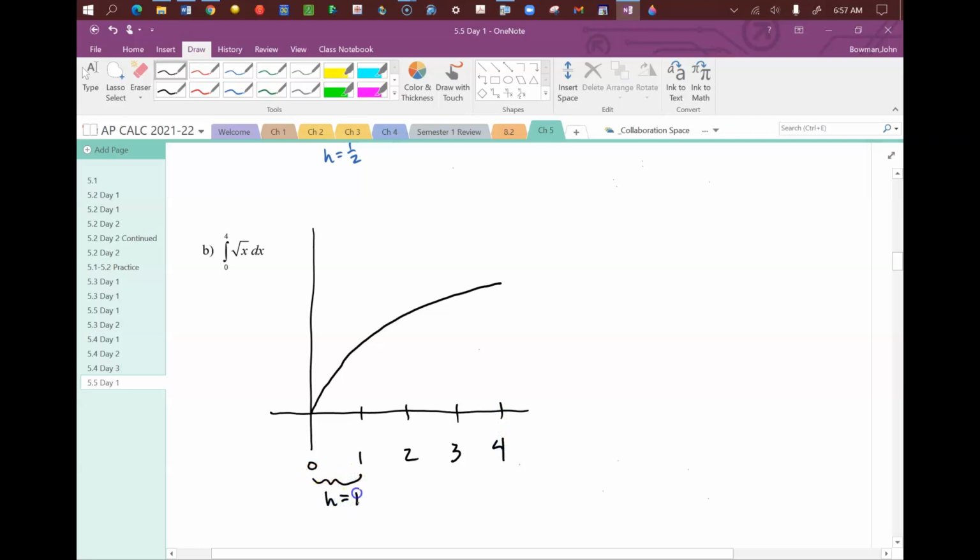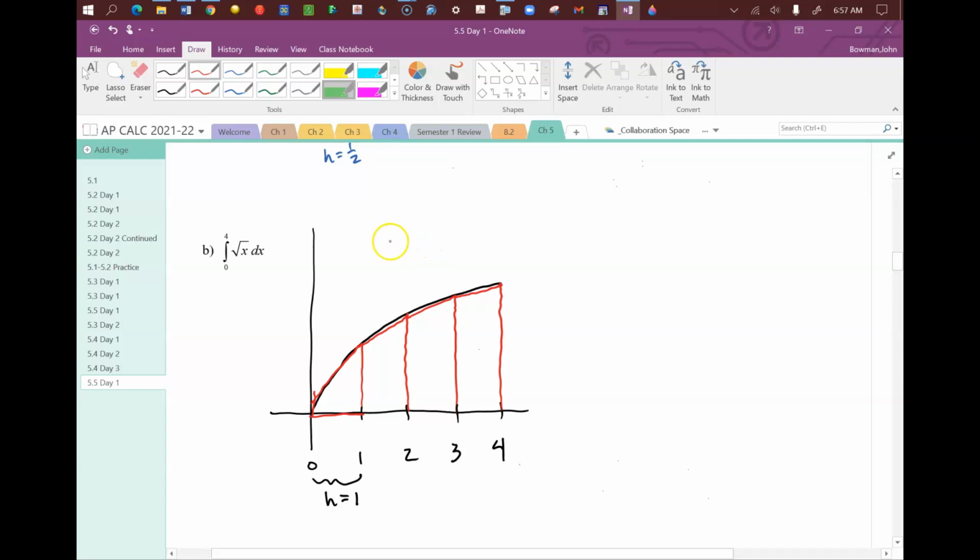So our height is going to be 1 in each of these, and our trapezoids look like this. And if you can see, the non-parallel bases that I'm drawing in right now are below the function value, so this should be an underestimate.